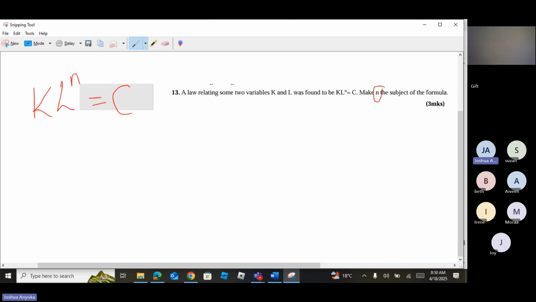Make n the subject of the formula. So what we are making the subject is an index.